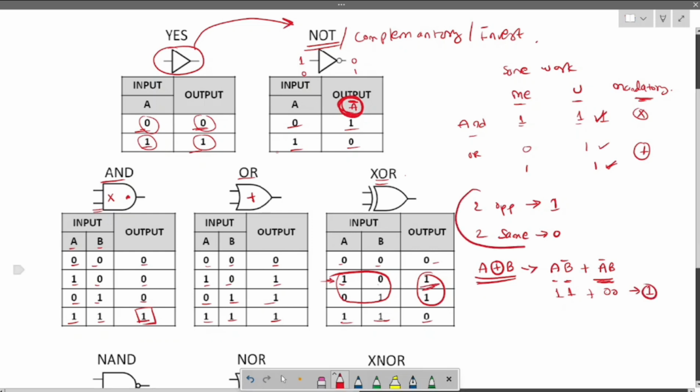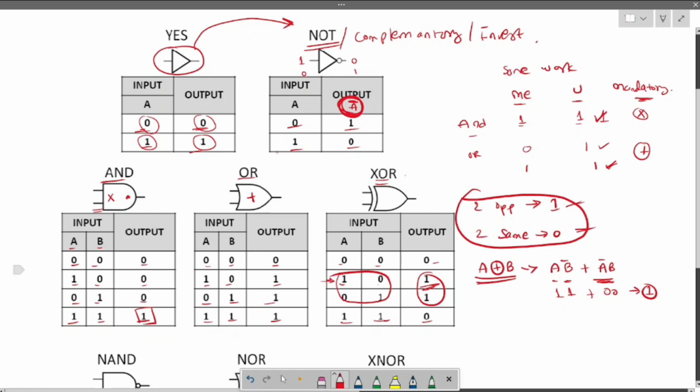This is a simple equation. After calculating all this, we find that when two opposite inputs are there, we get 1, and when two same inputs are there, we get 0.